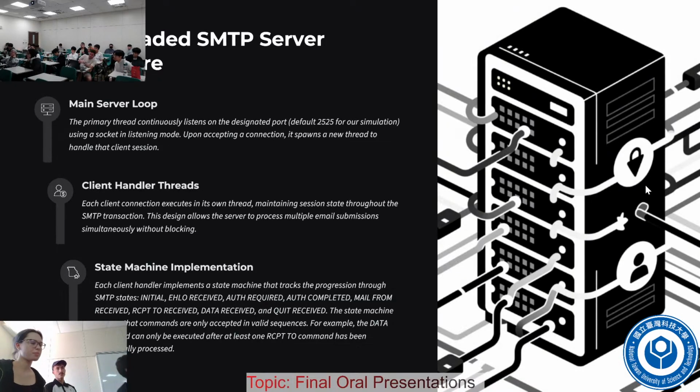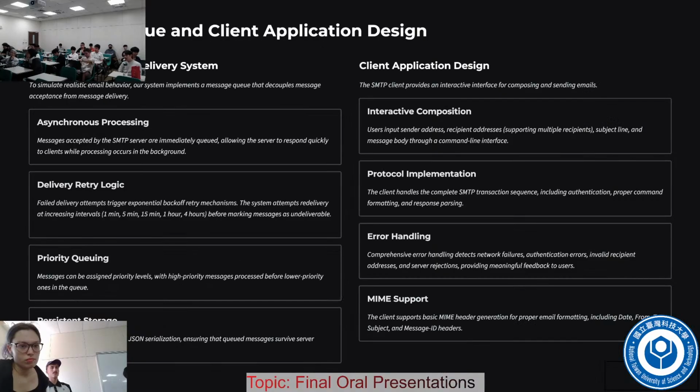Okay, next. The next part is the multi-threaded SMTP server, which is divided into three sections: the main server loop, the client handler threads, as well as the state machine implementation. In this project, we weren't able to completely focus on our goals as we have it all in our report, but we will show a sufficient demo next.